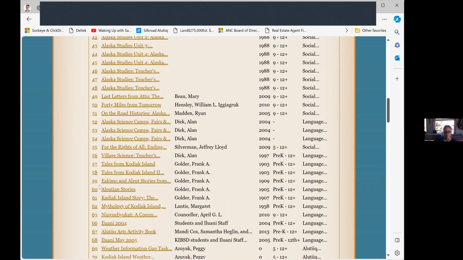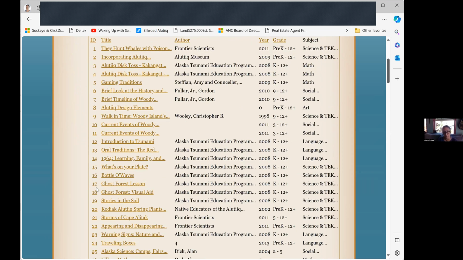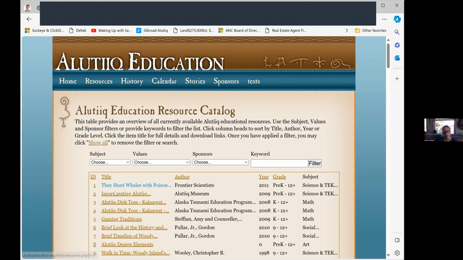They had to have a specific ID number for every item that got added, and it's just numerical. The title of the piece, who the author was, the year it was created, what grade levels it was appropriate for, and if there were subject areas.